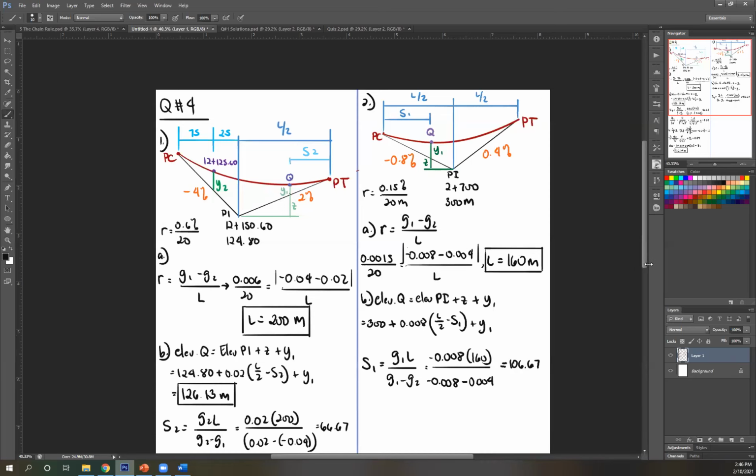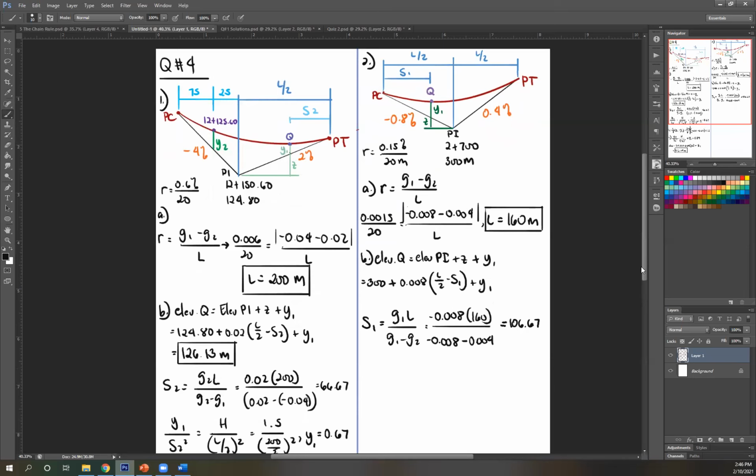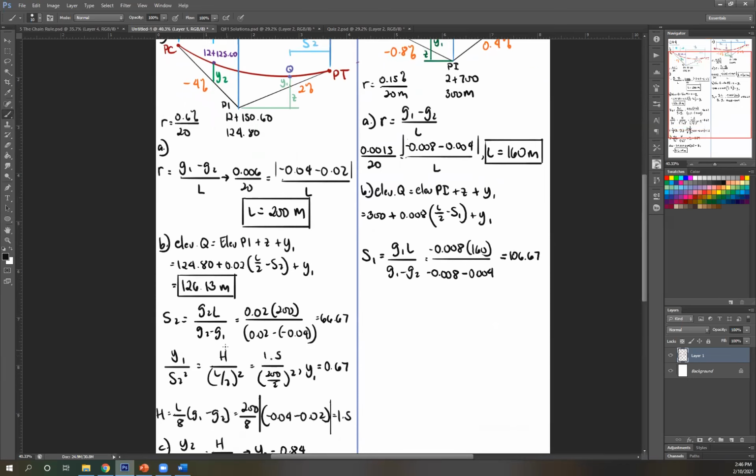So, solving for Y1. So to solve for Y1, you're going to use offset method. And remember, to get offset method, I need to solve for H. So let's solve for H first. So H is L over 8, G1 minus G2. So 160 over 8.